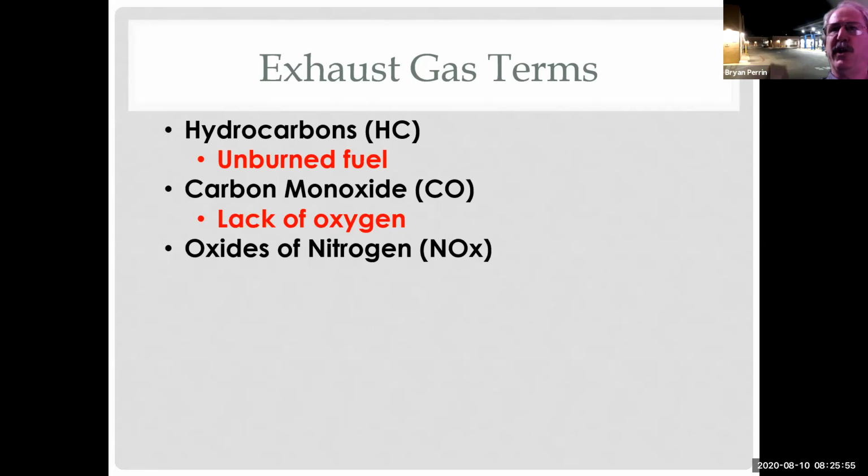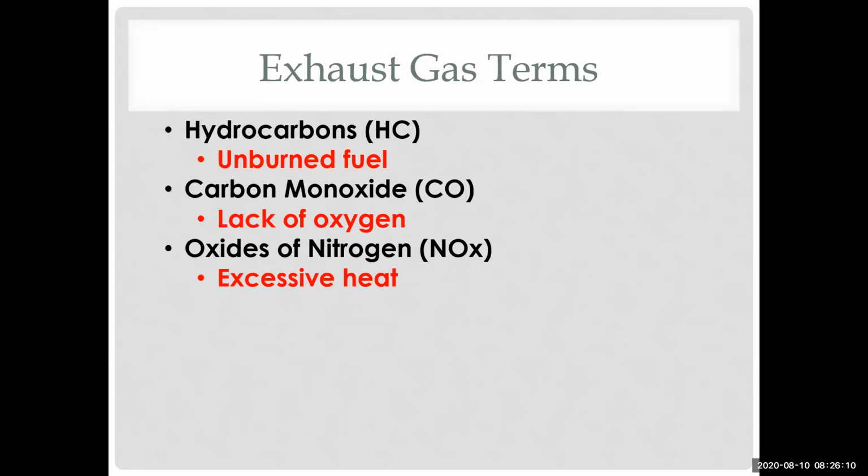If my car's overheating, I'll make NOx because it's running warmer. Because NOx is made by excessive temperatures under pressure. So could I call NOx excessive heat? Does that work? Yeah. Which means anything that makes excessive heat can make NOx. You see how, by having good terms, now I can start looking at what's going on and come up with some ideas on what might cause things.